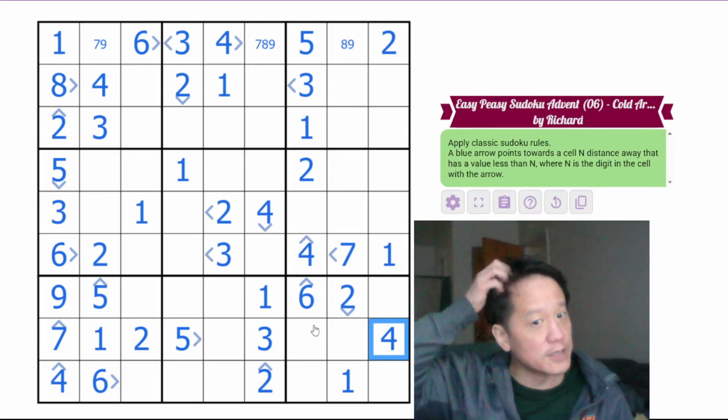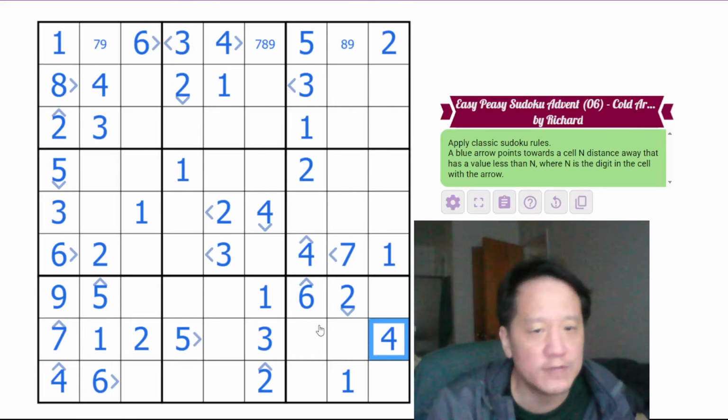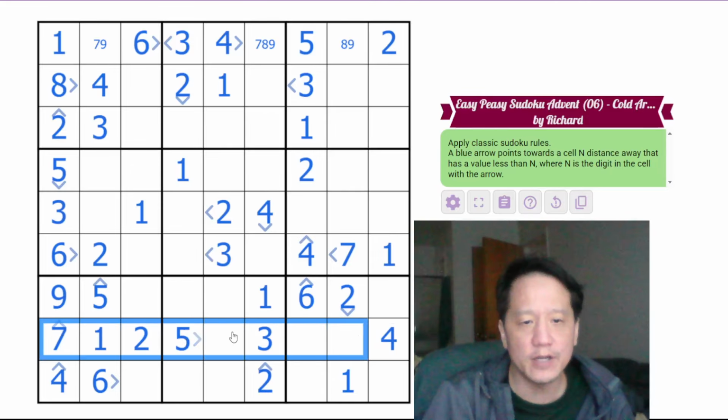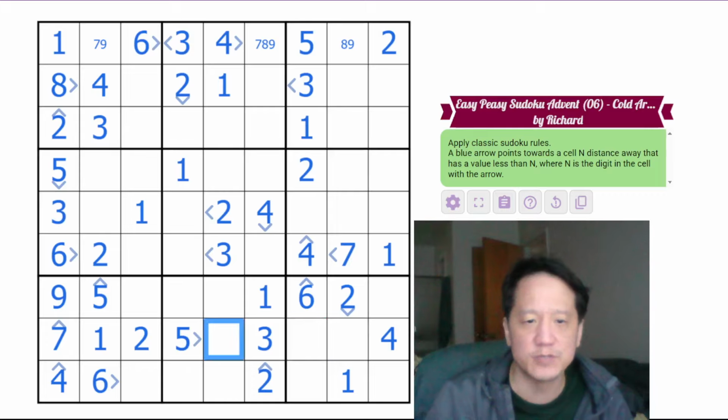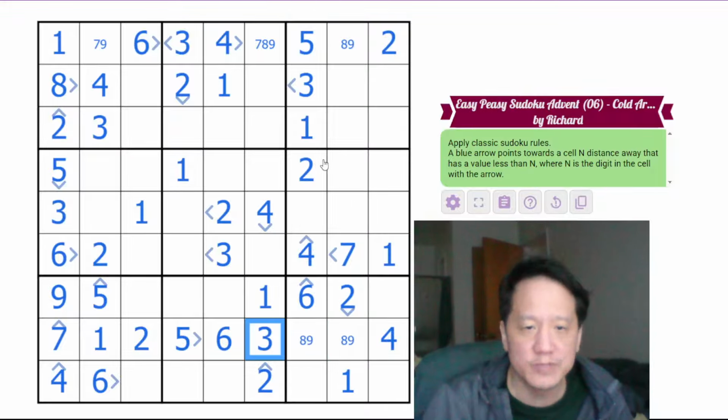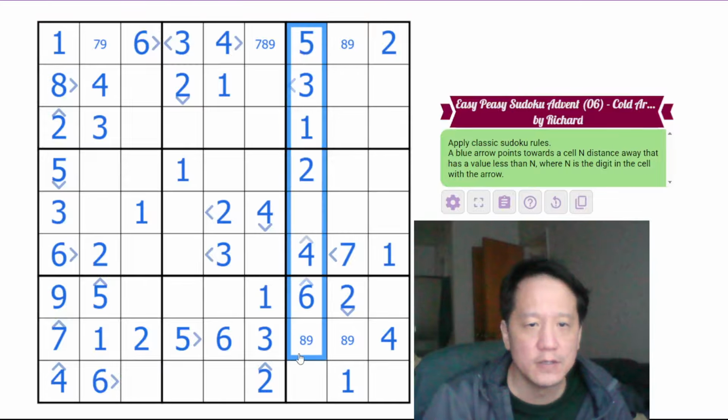So let's look at the places where we have the most digits. Well, in row 8, we are missing 6, 8, and 9. 6 can't be either of these, so this must be 6 here. So this must be an 8, 9 pair remaining in row 8. In column 7, 7 cannot be here because of 7 in the box, and this can't be 7, so where is a 7?